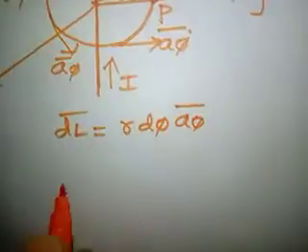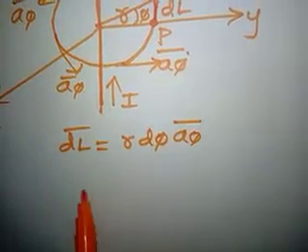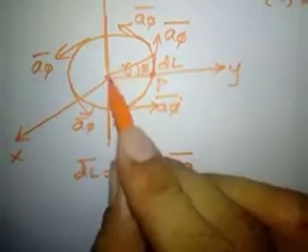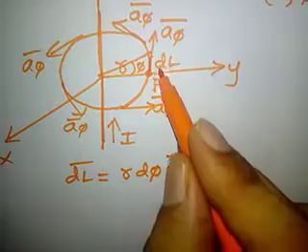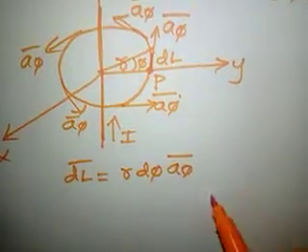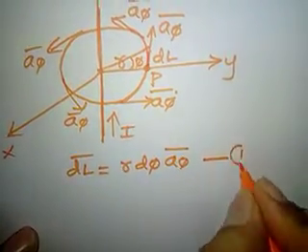This concept of finding the elementary length we have studied in our previous modules, right? This length dl is given by the multiplication of the radius and the small angle that it is inclining, that is d phi, then its unit vector is a phi bar. dl bar is along the a phi bar direction. Let us take it as equation 1.